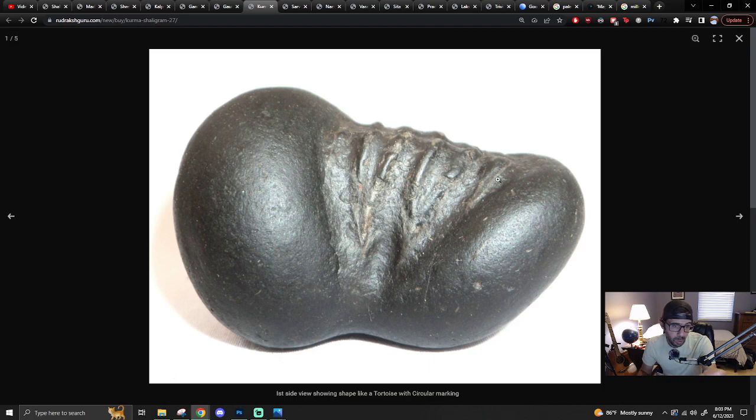Or it was like a broken off piece from somewhere that then had enough material put onto it. I don't know. I feel like forming within it makes more sense to me.